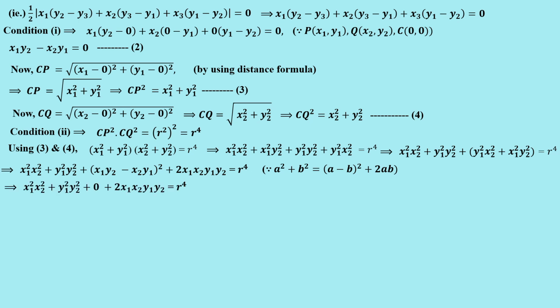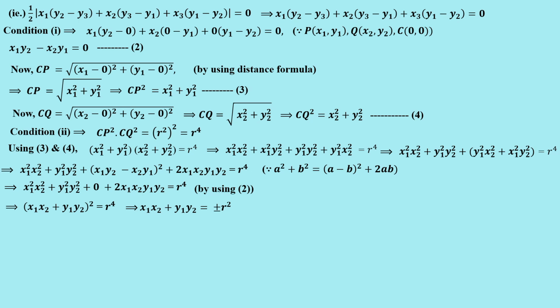Since x1 y2 minus x2 y1 equals 0, we get 0 plus 2 x1 x2 y1 y2 equal to r power 4. So the remaining term can be written using the a plus b whole square formula: (x1 x2 plus y1 y2) the whole square, which is equal to r power 4.